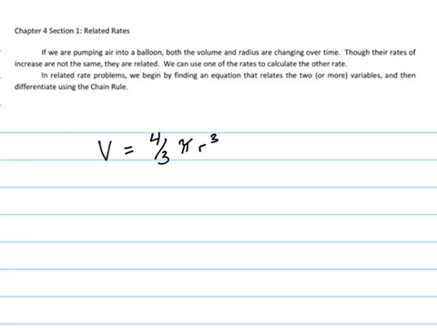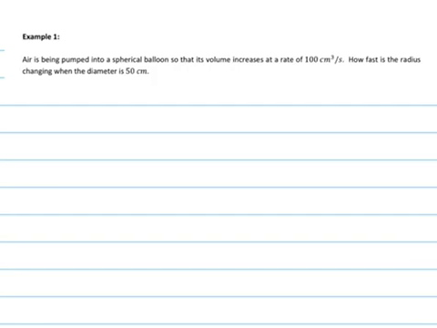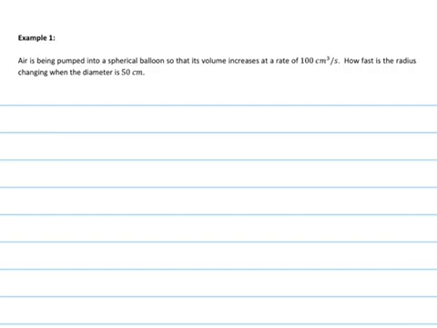Let's start with an example. Air is being pumped into a spherical balloon so that its volume increases at a rate of 100 centimeters cubed per second. How fast is the radius changing when the diameter is 50 centimeters?